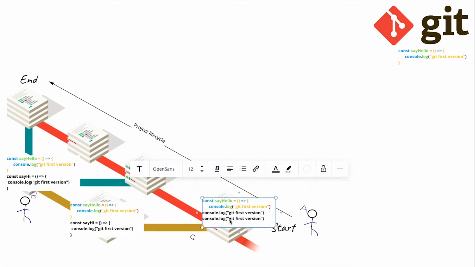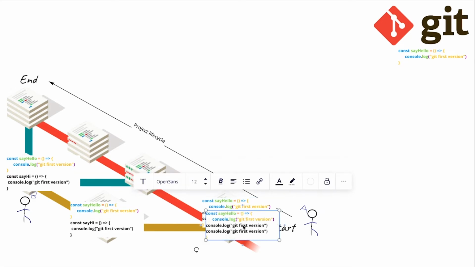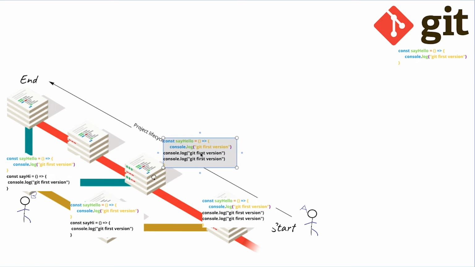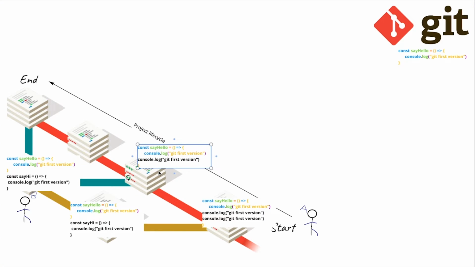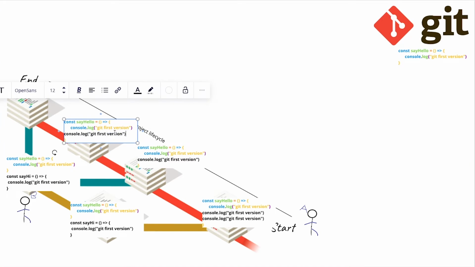Now person A does another change here, so he decided that he will remove one console log. So he removed that. He's happy. He's gonna commit and save those changes with the bookmark in here. And yeah, continue again. Now he does some other changes. What he does is that here he does a change to the version of the console log that he had.